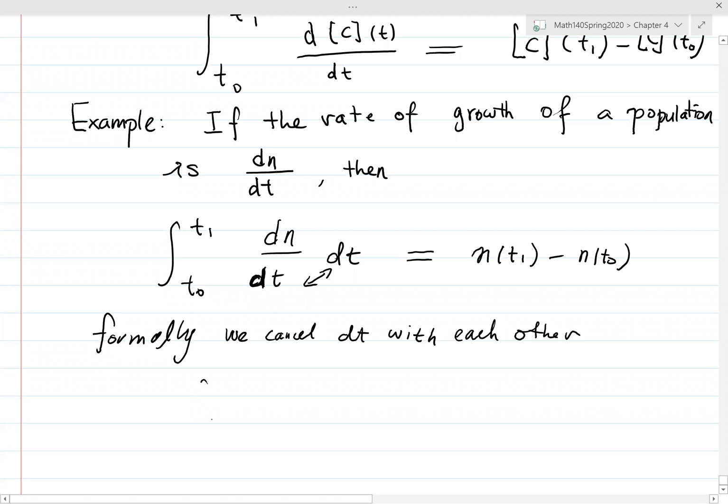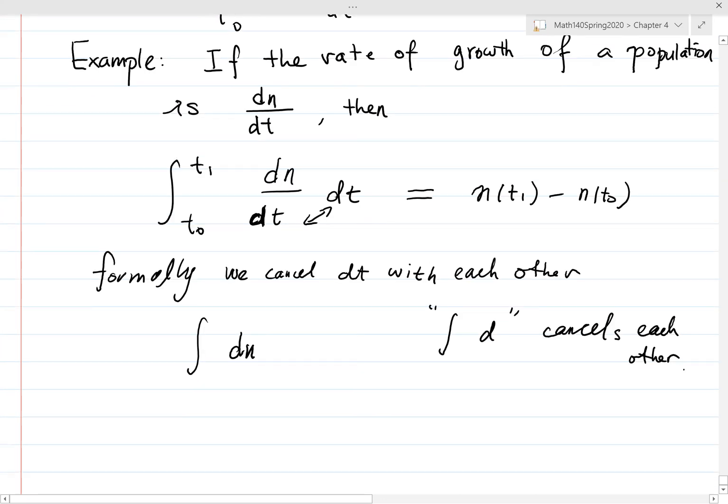Then we formally have dn. Remember, d and the integral are inverse operations, so they can cancel each other. So finally, by the fundamental theorem of calculus, you get N(t1) minus N(t0).